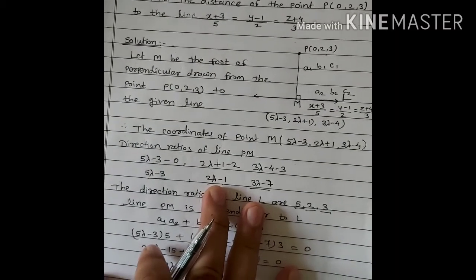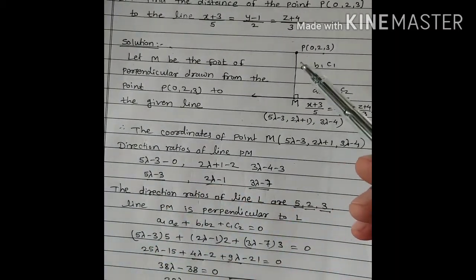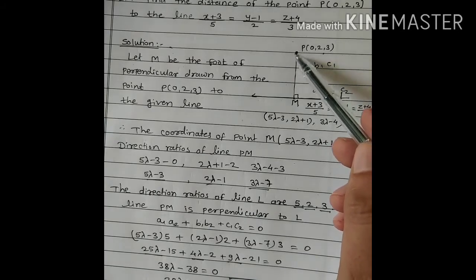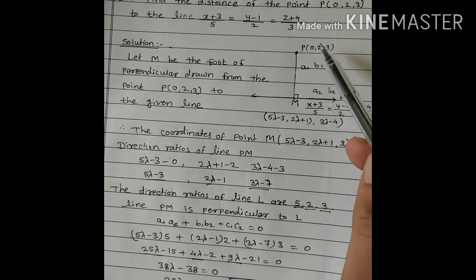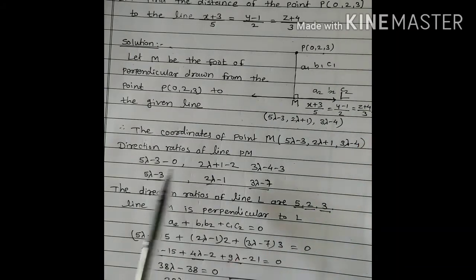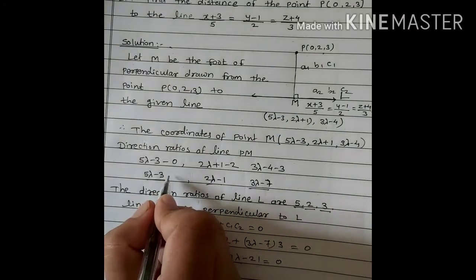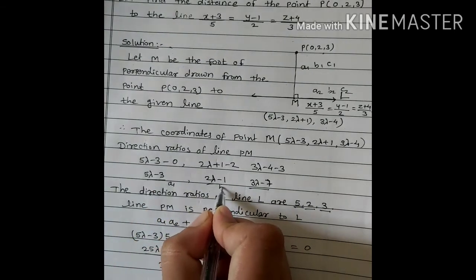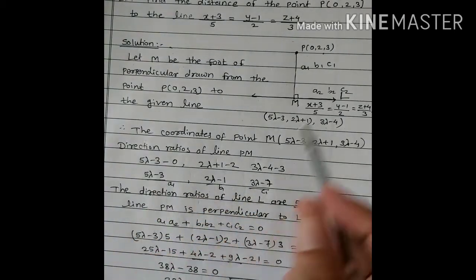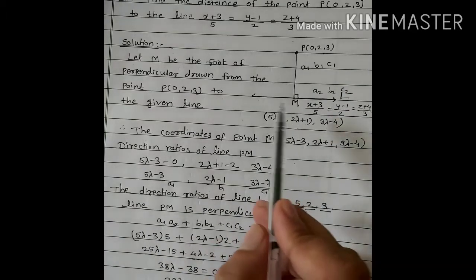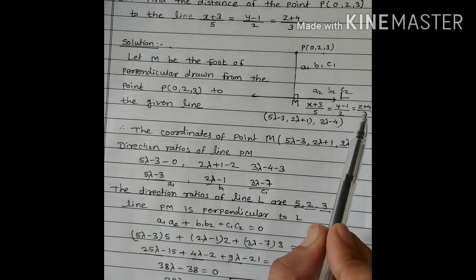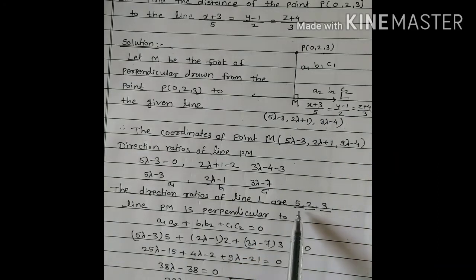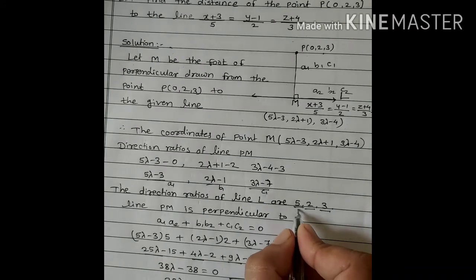After getting the coordinates of point M, calculate direction ratios for PM, that is x2 minus x1, y2 minus y1, z2 minus z1. These direction ratios I have considered as A1, B1 and C1 for PM. And line L has direction ratios 5, 2, 3, that is A2, B2, C2 values.